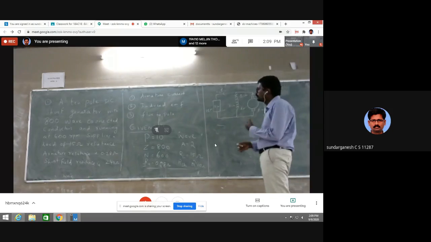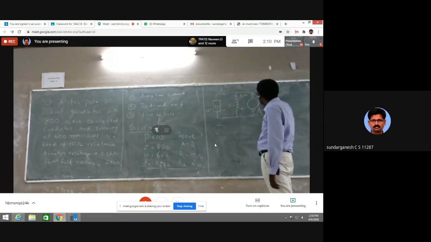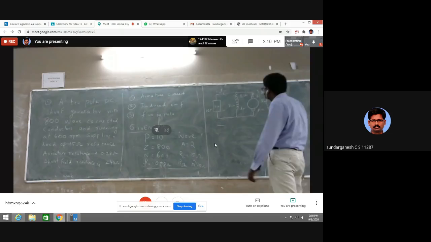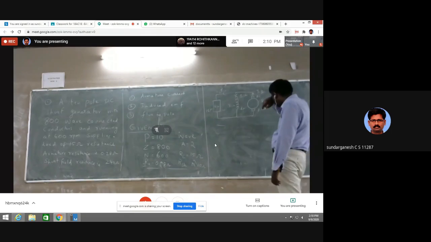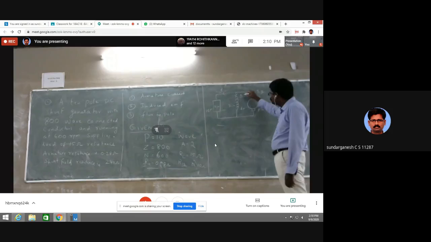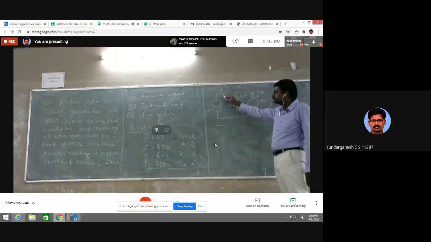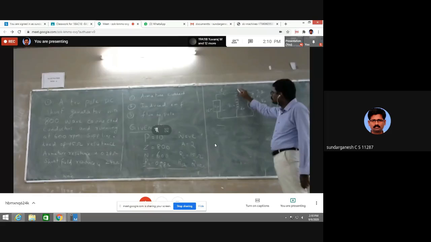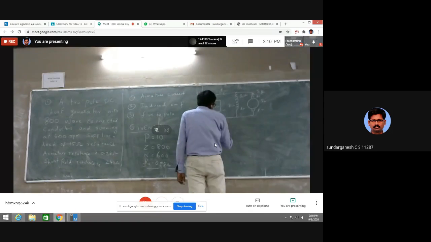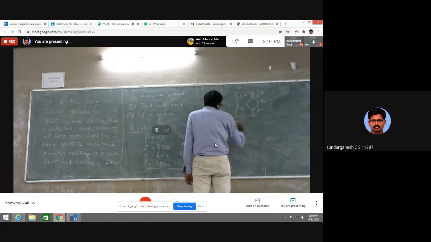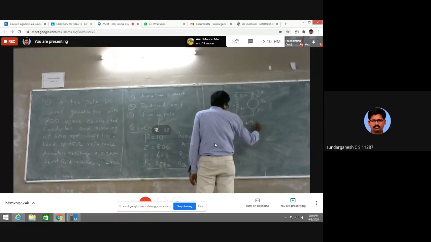Now we will find the armature current first. The current going through the field is Ish and through the load is IL. The sum of these two currents is equal to Ia.